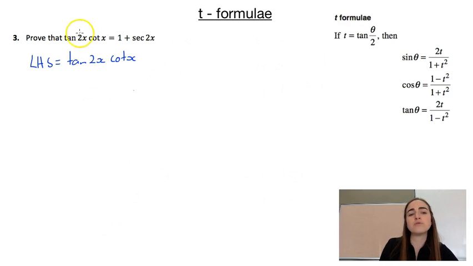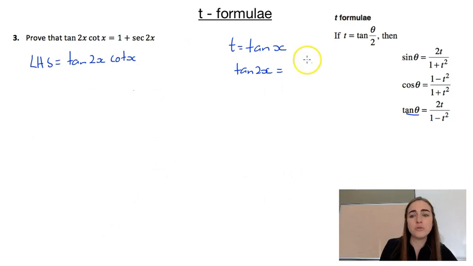So this time, because we've got tan 2x cot x and sec 2x, we're not going to let t equal tan of x on 2. We're going to let t equal tan x. So our x is our half angle. So what that means is that this tan of 2x is actually our angle, so it's like this guy. So our x was our half angle here, and this is our double angle now.